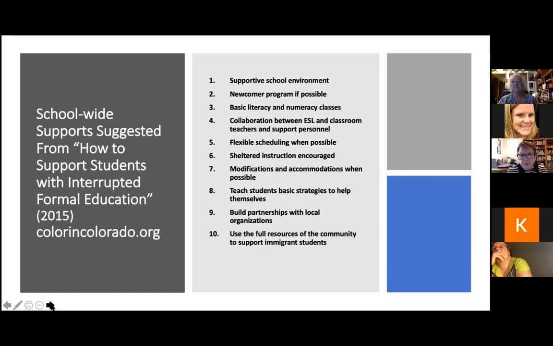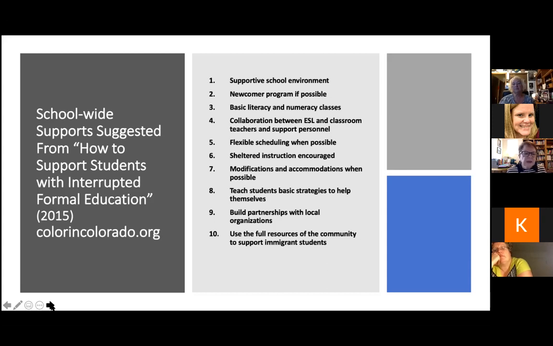A newcomer program would be very helpful to these students so that they're separated in the beginning for their specific learning needs. They usually need basic literacy and numeracy classes. They don't have the kinds of skills in both number understanding and learning to read and reading to learn that your typical newcomer with uninterrupted education might have, because he has that basis in his first language.